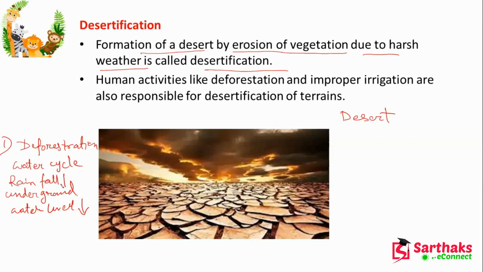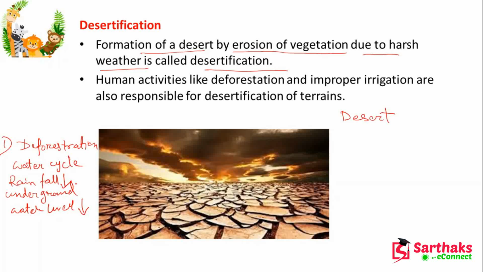Due to all these reasons deforestation is the main reason for desertification. Another important point is improper irrigation. That's why we can also get desertification. So this is desertification.